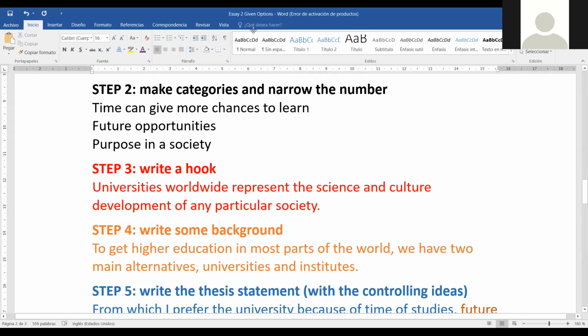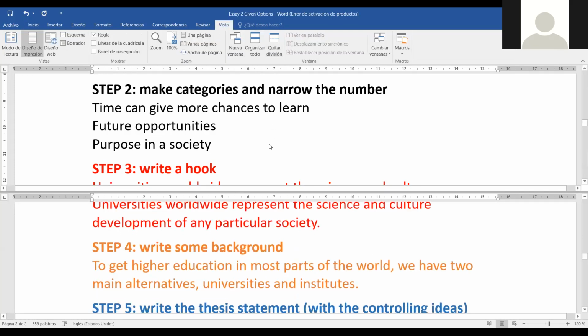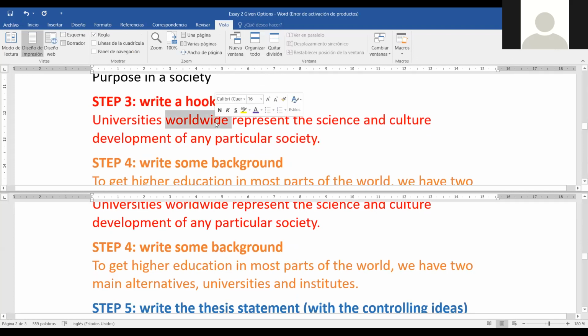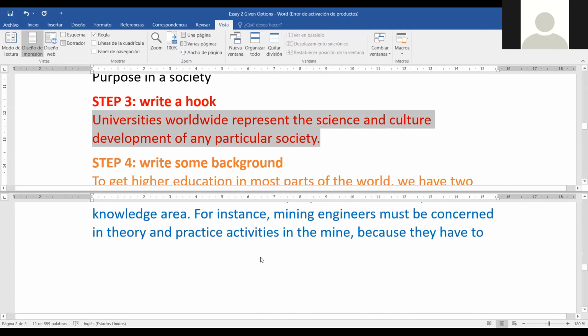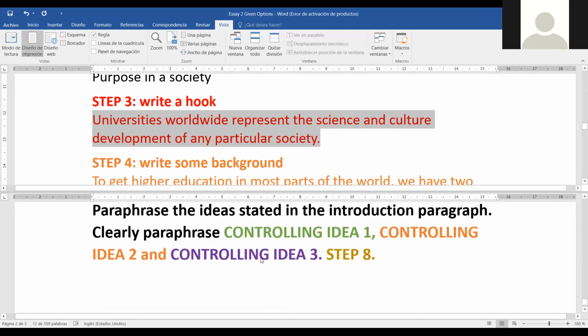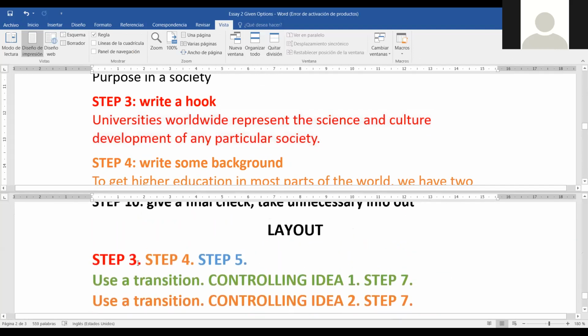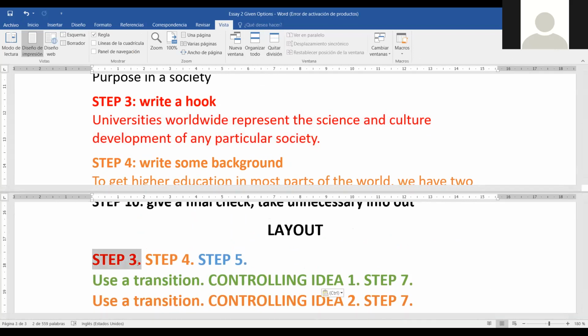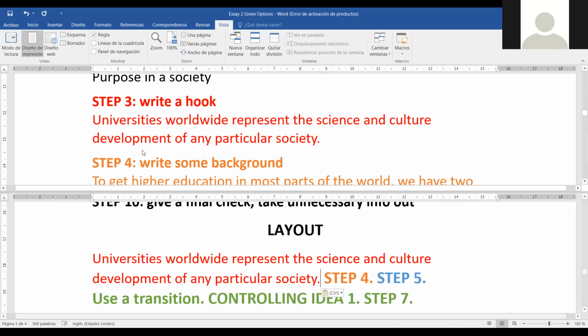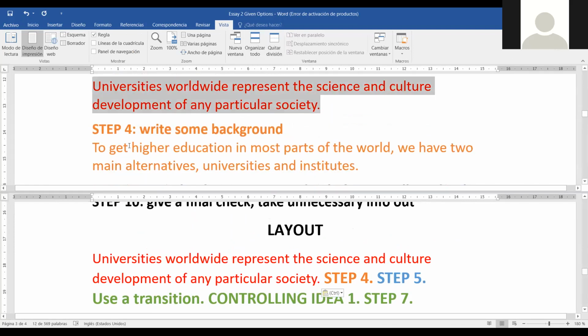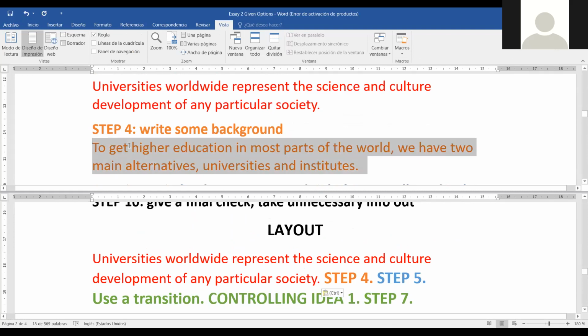I'm going to divide my thing here. This is divided now. So this is my hook. I'm going to copy it there. Again, remember this is kind of a robotic practice only because it is a start. Then you can be doing things by yourself with your style. There's no problem there. There is some background information.